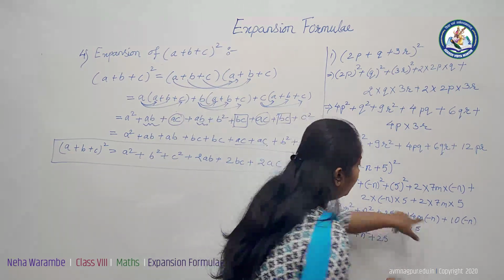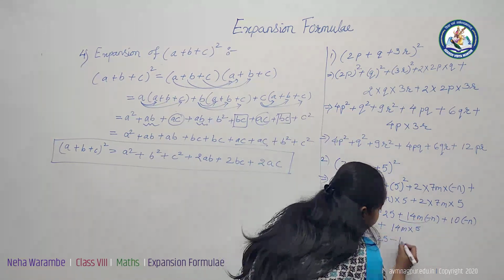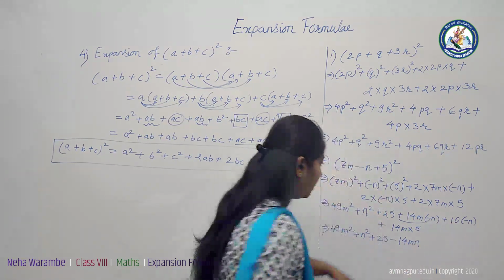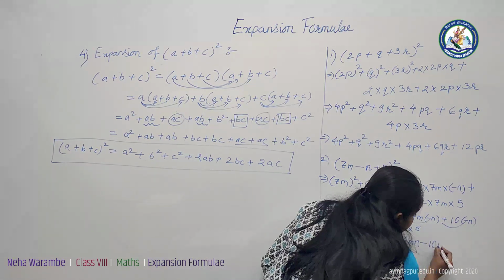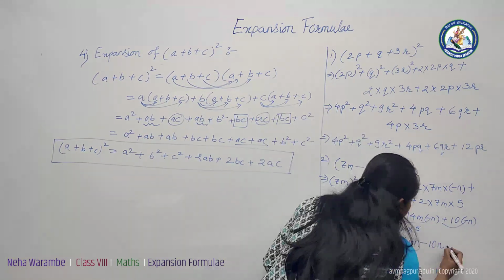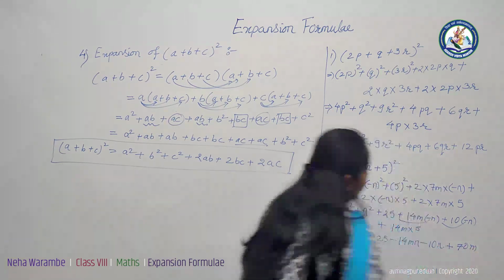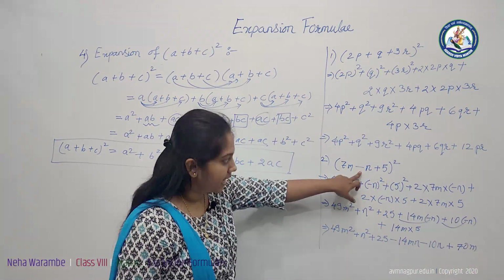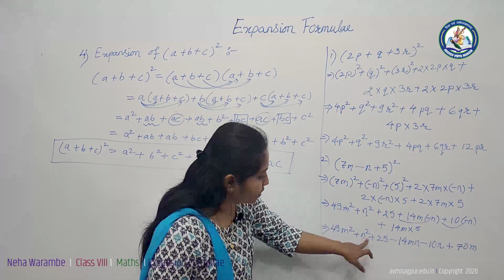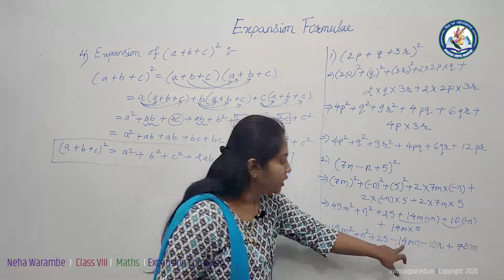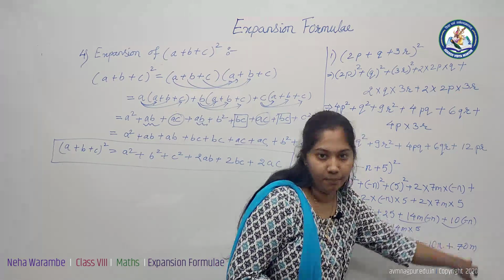Plus into minus is minus, 14mn, minus 10n, plus 14 5s are 70m. See, the expansion of 7m minus n plus 5 whole square is equal to 49m square plus n square plus 25 minus 14mn minus 10n plus 70m.